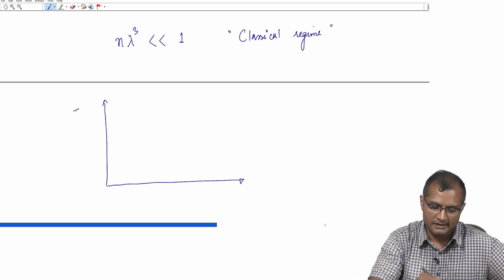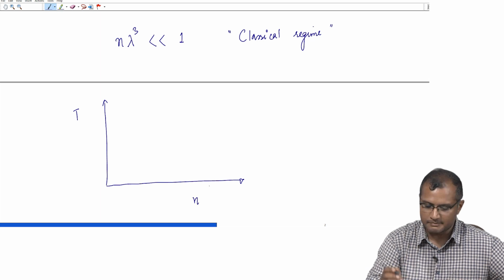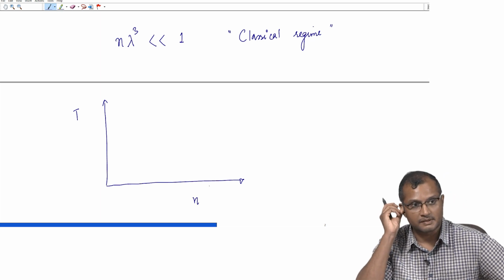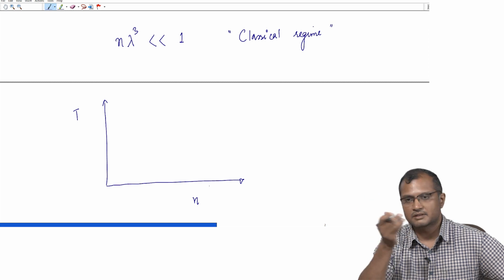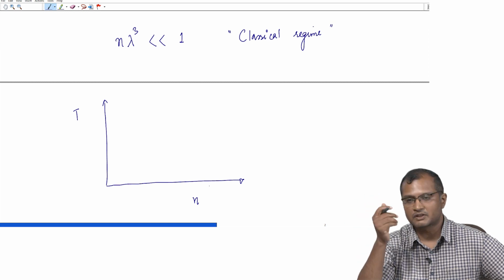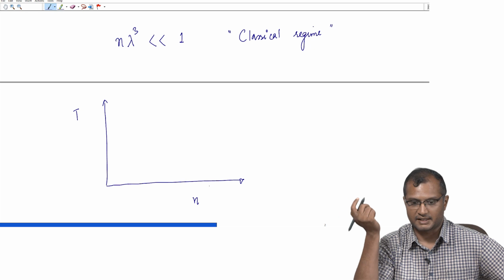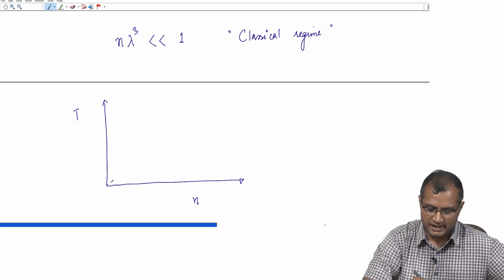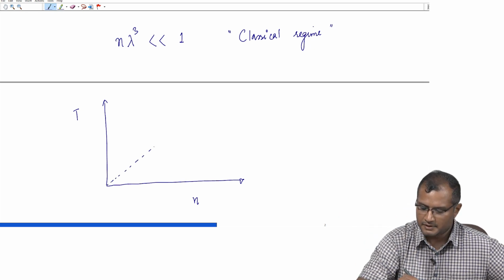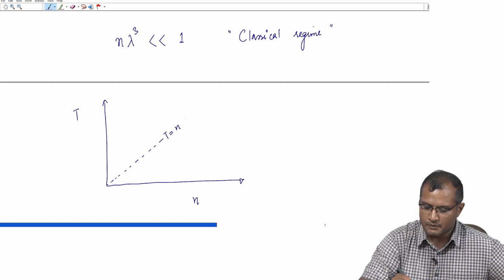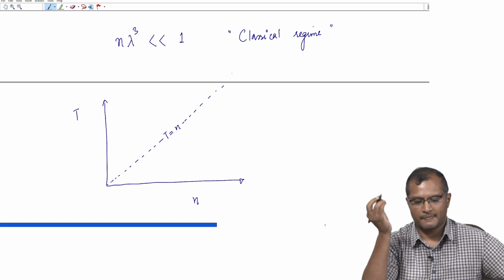So, I will consider a T n diagram, number density versus temperature, and show the region of applicability of classical or quantum mechanics. Clearly, there is a line of 45 degree slope, which is the T equal to n curve.